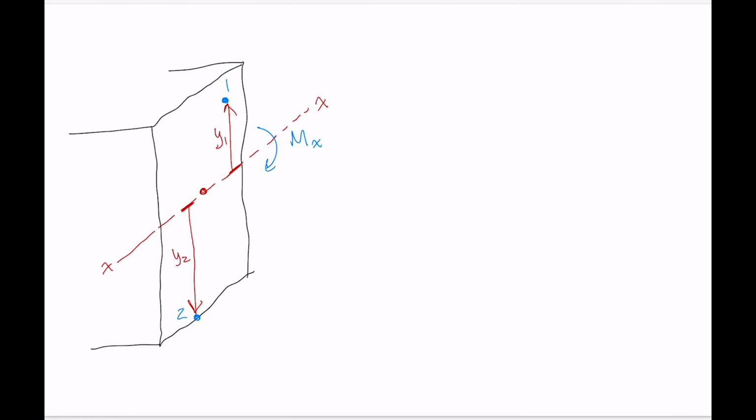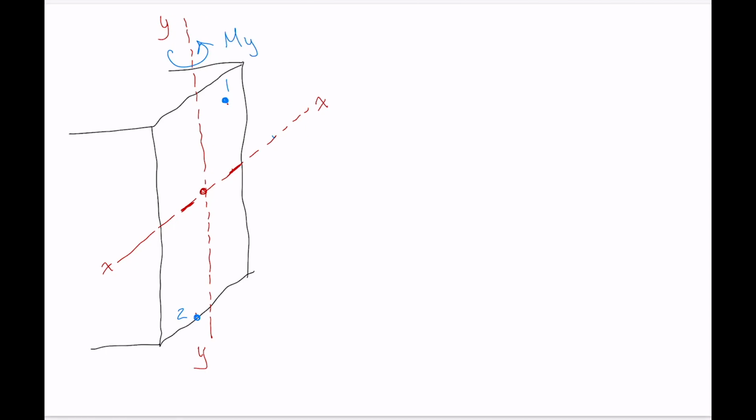And instead of having a moment that is acting about the horizontal xx axis, let's look at how we would calculate stress at these two locations if the moment instead was acting about the vertical centroidal axis, the y axis. So in this case, I'm just going to put the moment on in that direction. So let's say we have our moment M subscript y in that direction there.